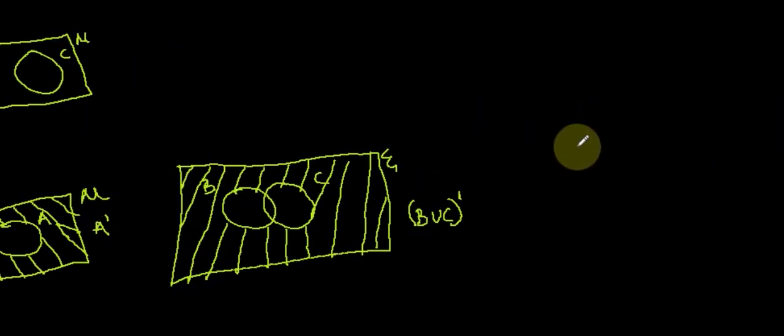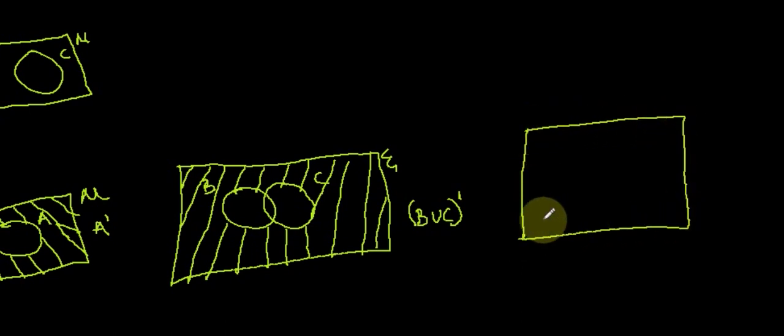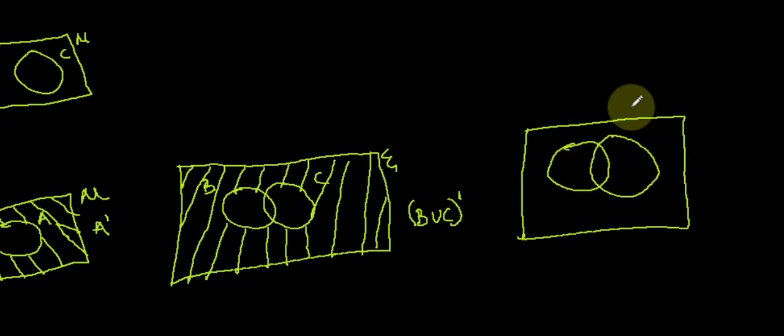What about the complement of their intersection? How will it look? This is their intersection, the intersection between A and B inside the universal set. Their complement will be this.